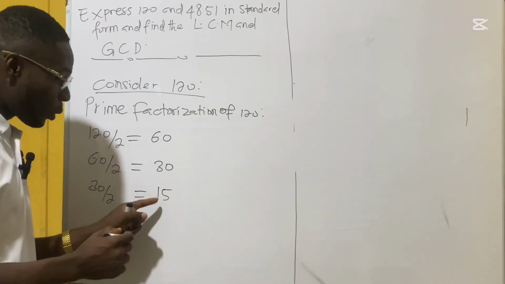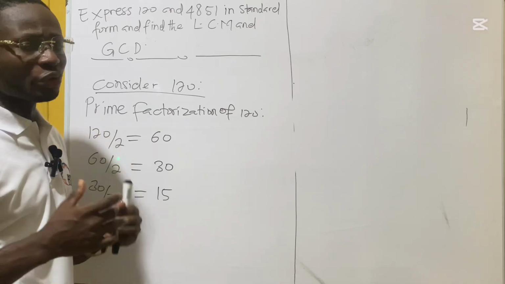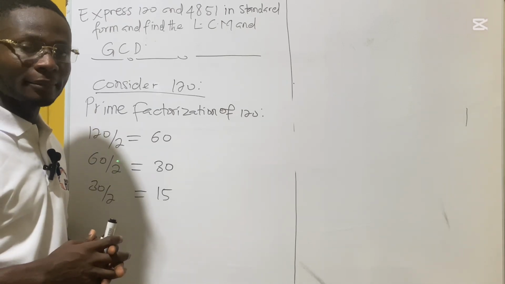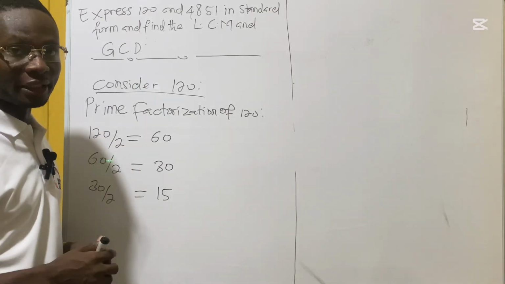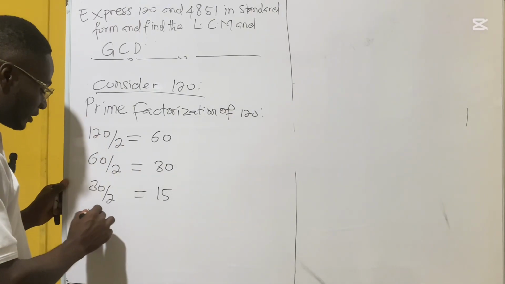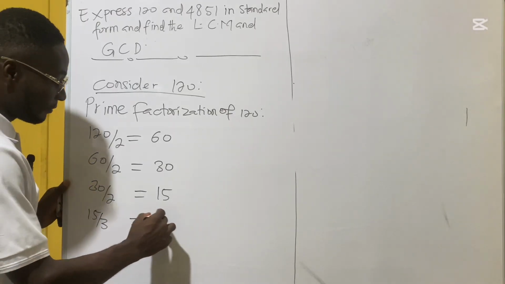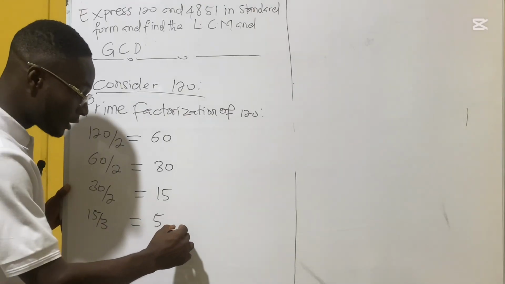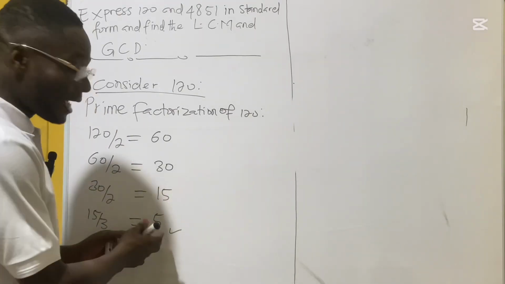But 15 is not an even number, so we look for the other prime number that can divide 15, and that is going to be 3. So we take 15 divided by 3, and that is equal to 5. We have gotten a prime number, so we end here.